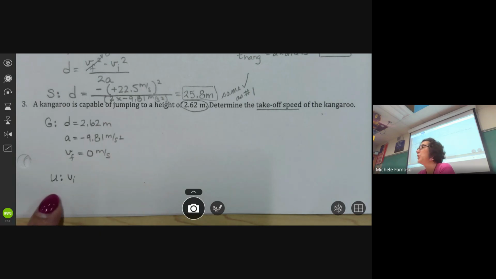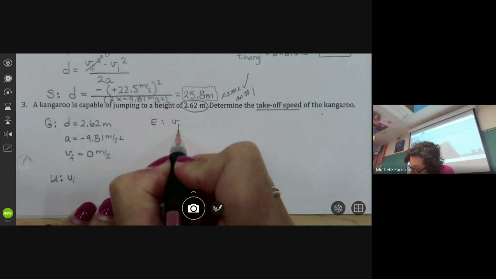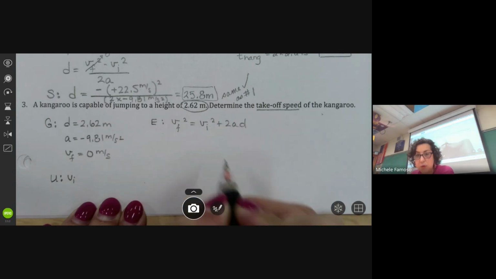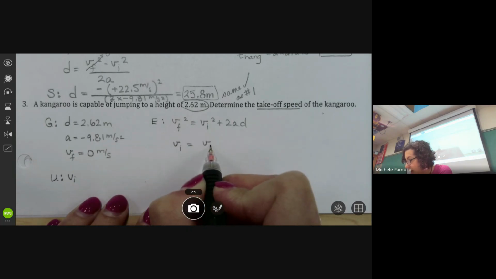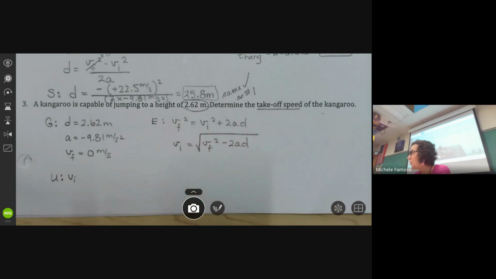Okay, let's see if we can locate an equation that has a D and a VF and a VI. This is on page 6. Gianna, do you think you have that equation? That's the one I would use. Now we have to move this around for VI, which means we're going to get an equation that looks like VF squared minus 2AD, and then take the square root.